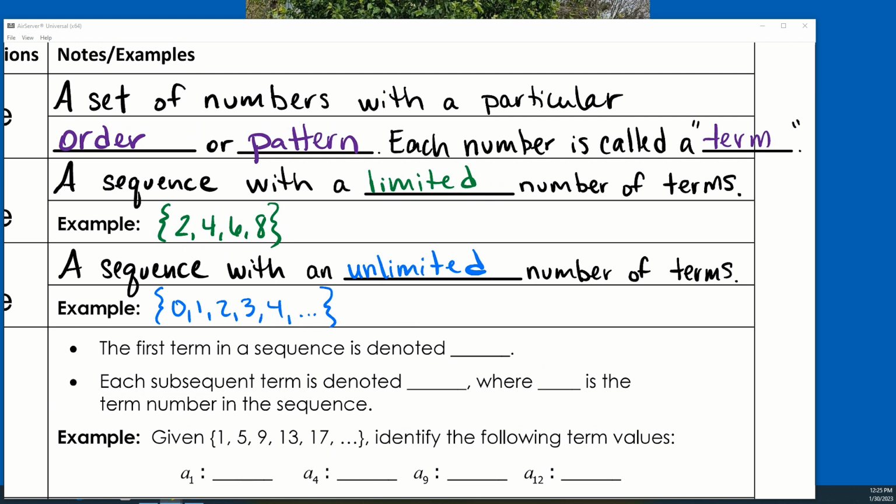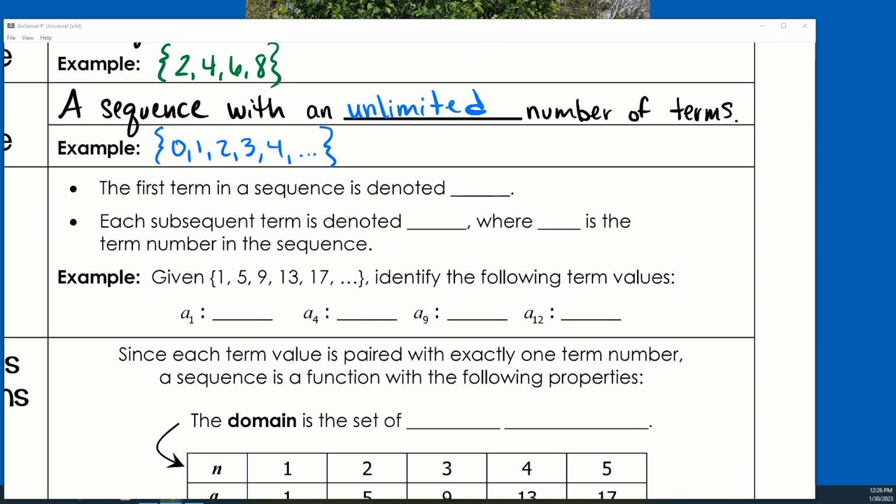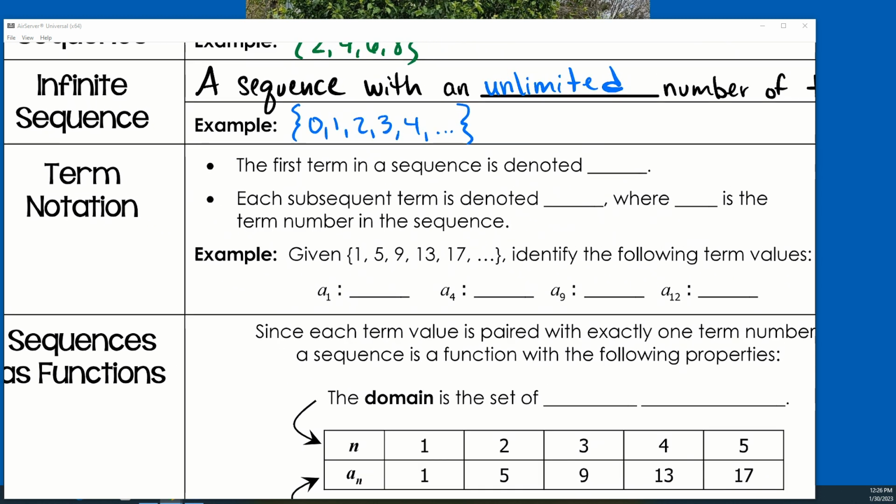One thing that's important to know is the notation. Anytime you see a with a subscript of 1, that means the first term.